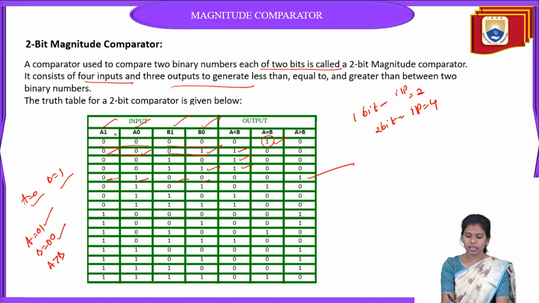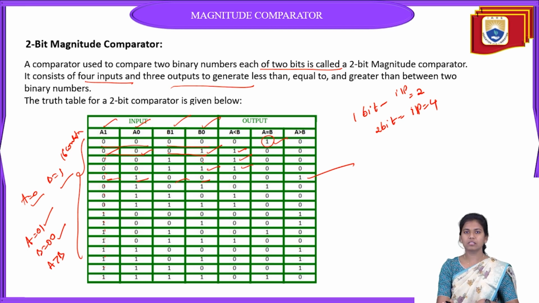Totally, how many combinations do we have? 1, 2, 3, 4, 5, 6, 7, 8, 9, 10, 11, 12, 13, 14, 15, 16. So for 16 combinations of input, we get the output with respect to greater than, less than and equals to. Okay, this is all about the 2-bit magnitude comparator.